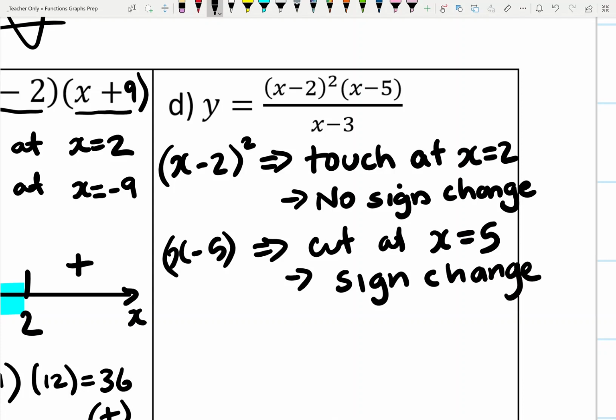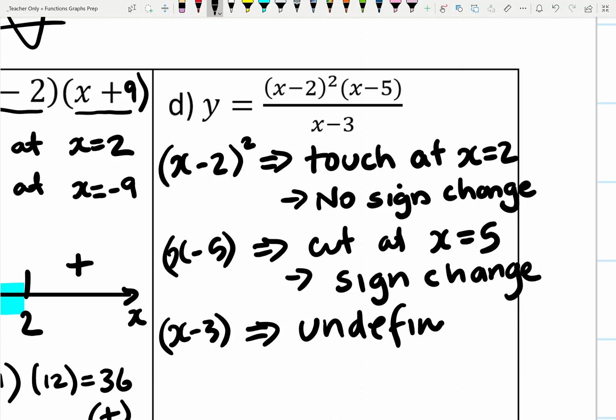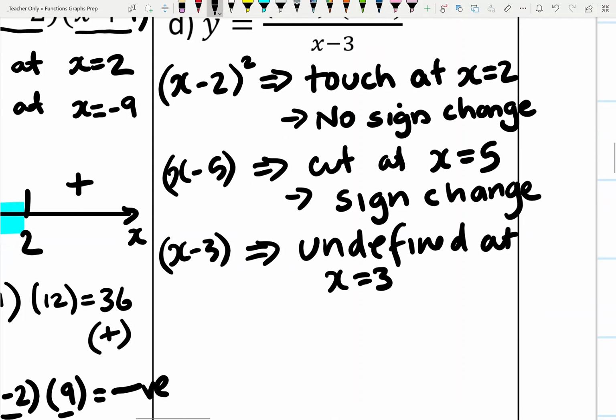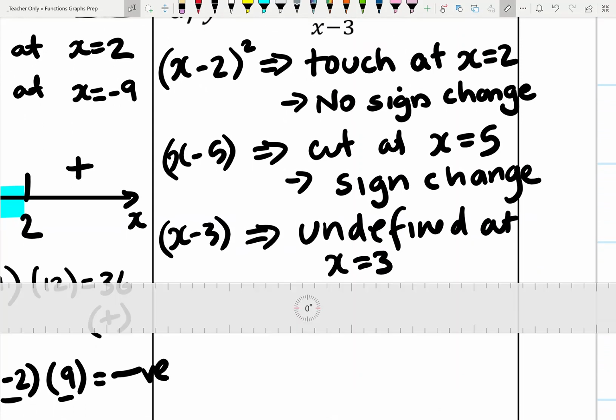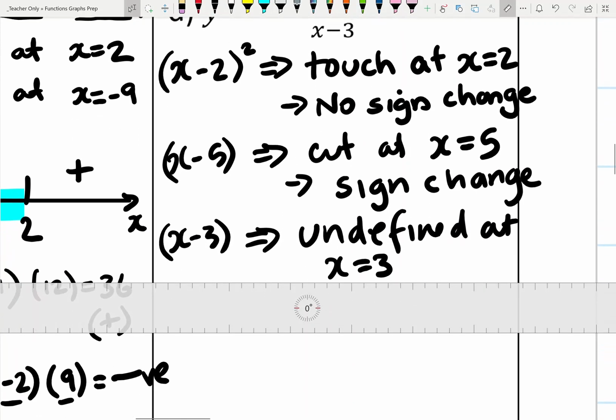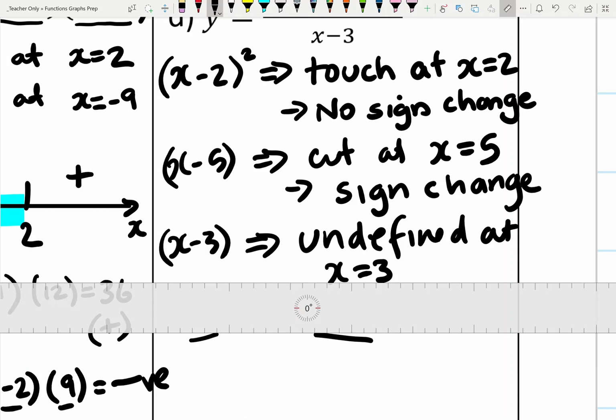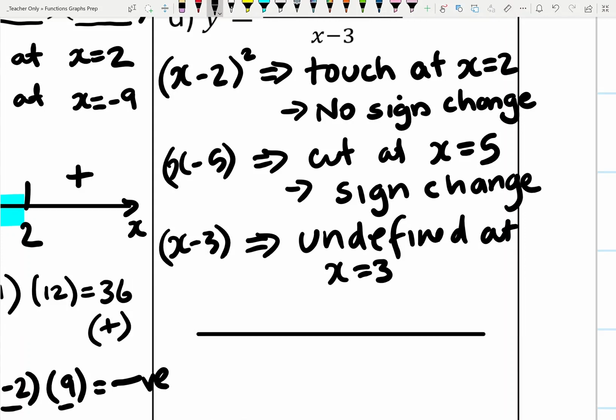And this time we've got a denominator, so the x minus 3 tells us that the function will be undefined at x equals 3. So they are our critical pieces of information in our sign diagram. And so we mark them on.